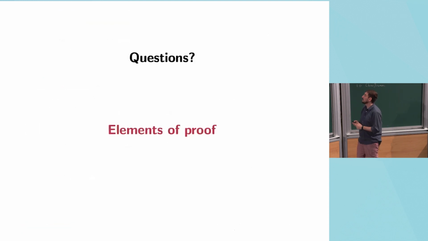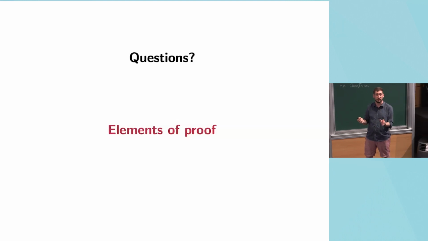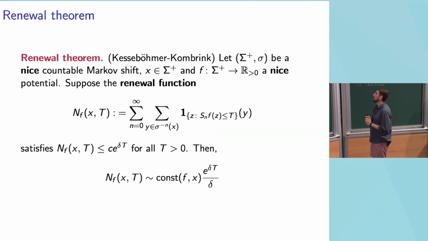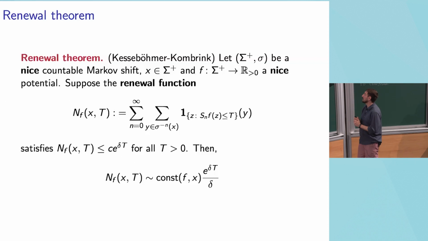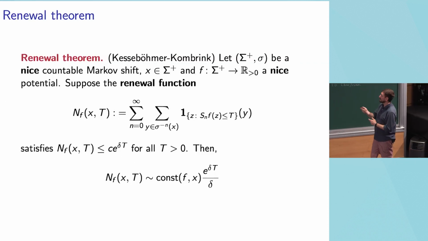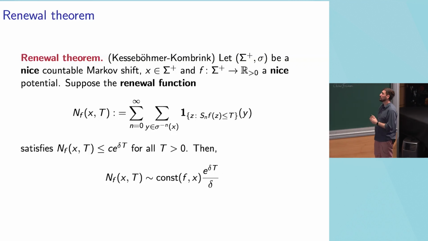Okay. Again, we don't use Margulis' strategy, so I want to spend some time briefly talking about how we prove it. So this is going to be confusing. Okay, we take a nice countable Markov shift, we take a nice potential, all these things we know very well.